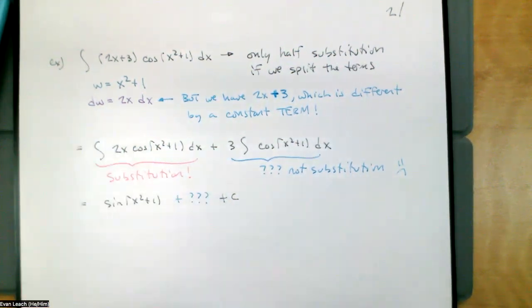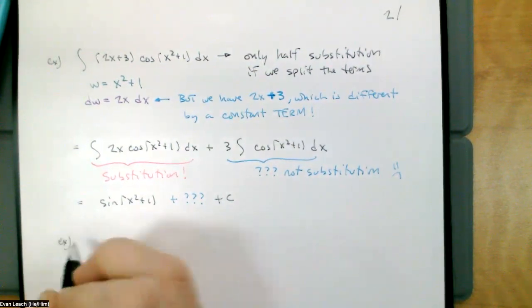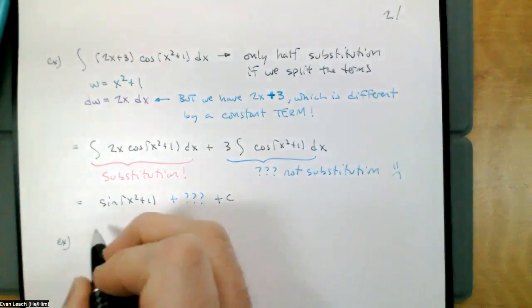Let's look at a variation of this problem. Let's move some stuff around. Right now, our first problem had a cosine of x squared. X squared was plugged into a cosine. Let's switch that around. Let's take the cosine and plug it into a square.